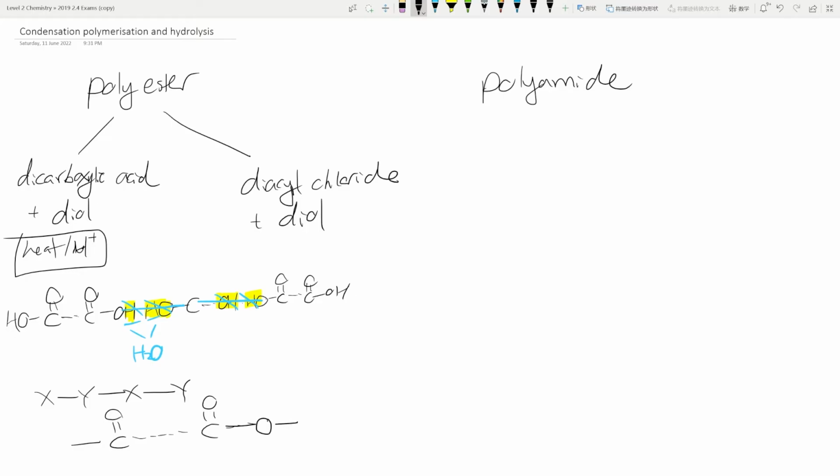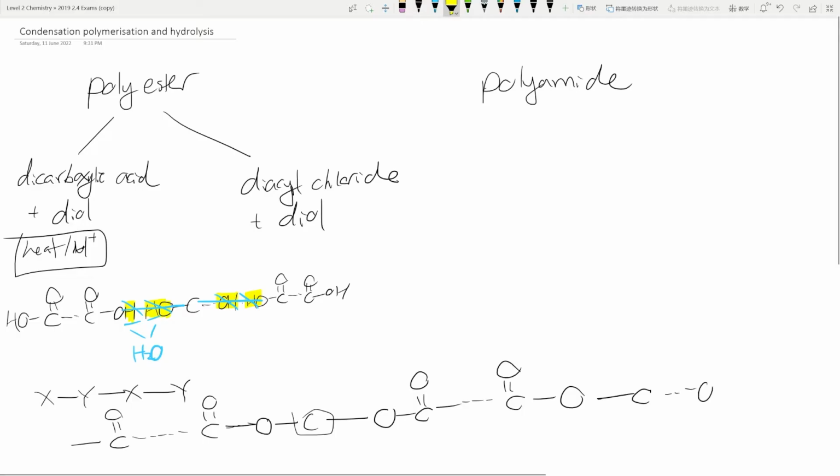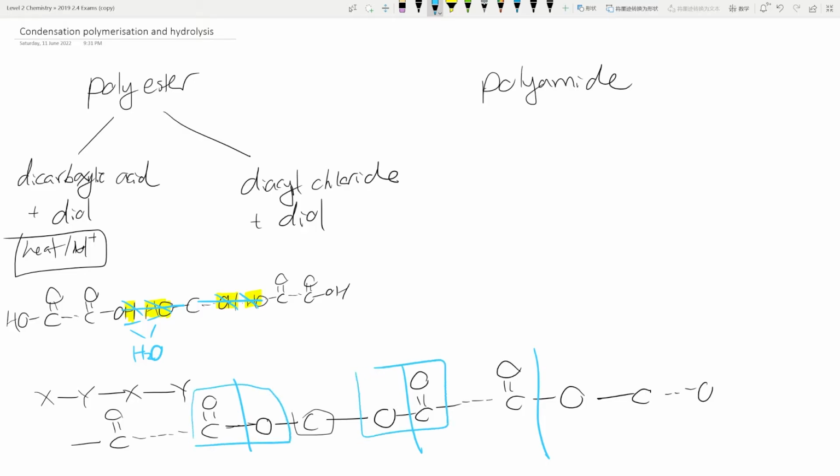Oops, that can't be whatever, that has to be an O, and then this is your alcohol, the carbons, whatever that is, and then your O, and then C. You can think of it as just repeating into the carbons, into the O, and repeating. The bit in the middle that's being repeated, if you cut it here, you always look for the COO bond.